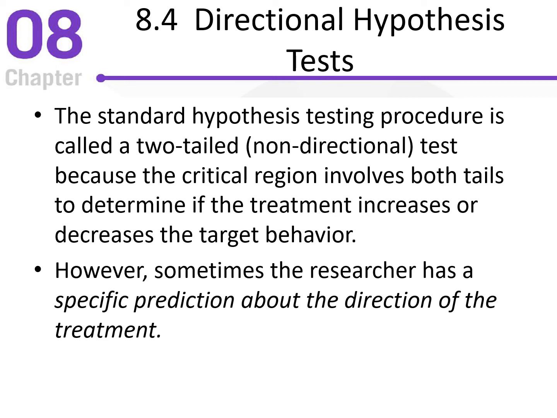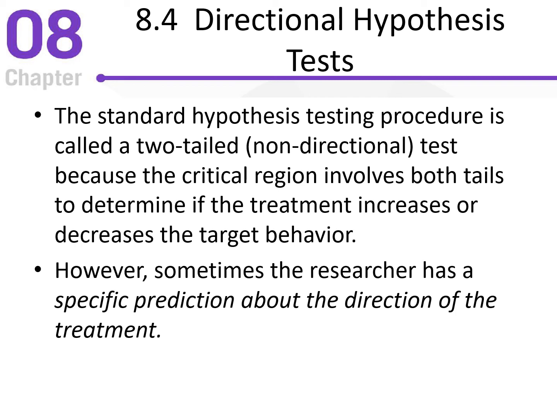So if you're sure of increase or decrease, use a directional hypothesis. If you're just looking for a change or a difference, use a non-directional hypothesis, right? So only if you know the direction for certainty do you want to use directional. And in research, in terms of publication, no one really uses directional.